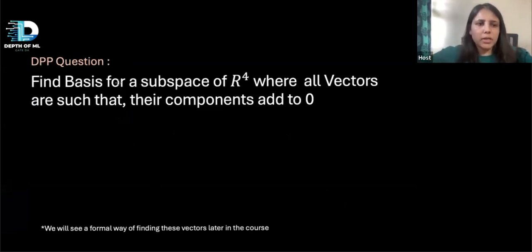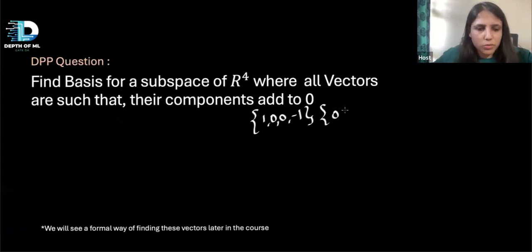So anybody can tell me what's the solution for this? Okay, so one of the solutions that I have is 1, 0, 0, minus 1. Okay, let me write it rather like this.